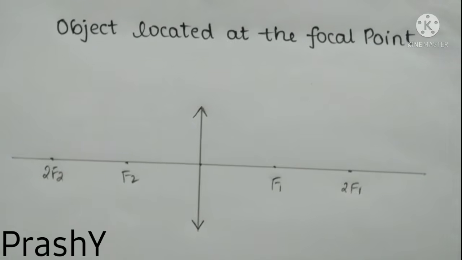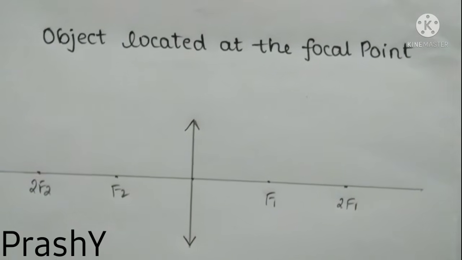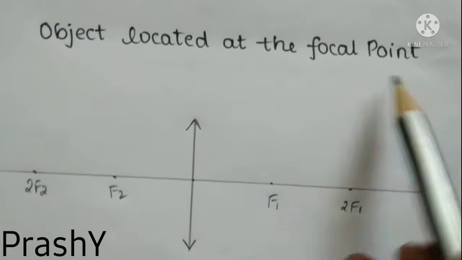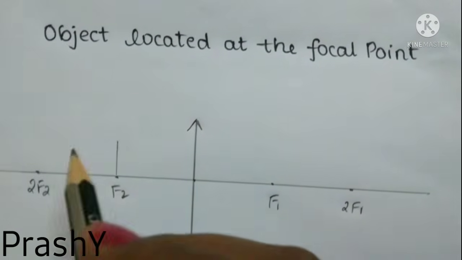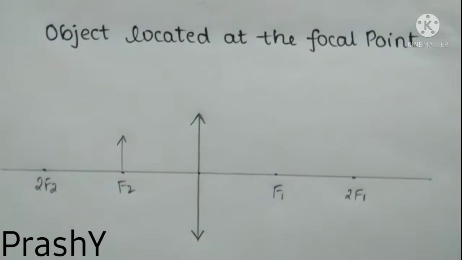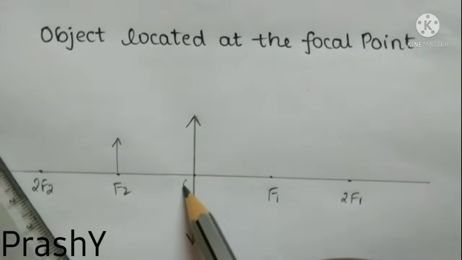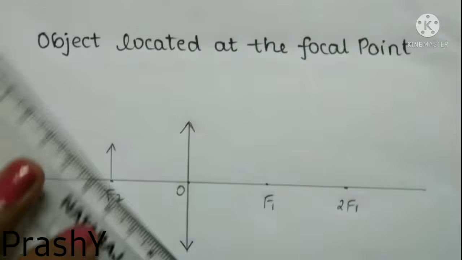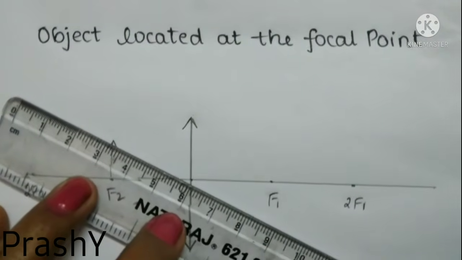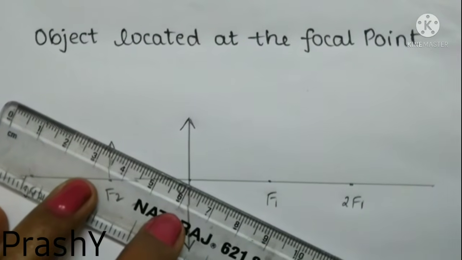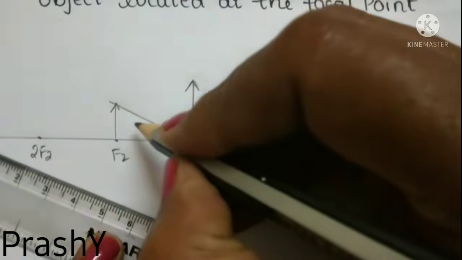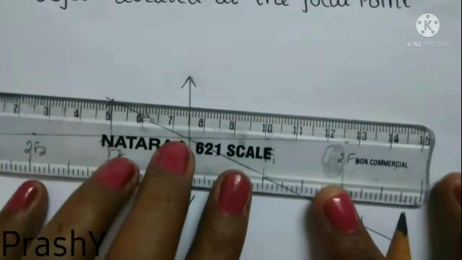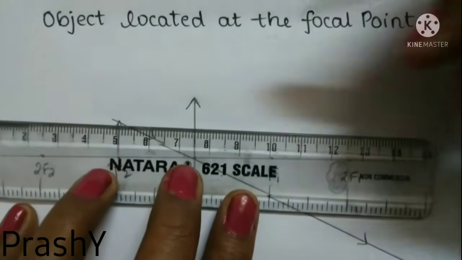So now let us look into another object position, that is object is placed at focal point. So when the object is placed at the focus, again the same two rays I am taking. This is my optic center O. So passing through the optic center, proceeds undeviated, and parallel to the principal axis.